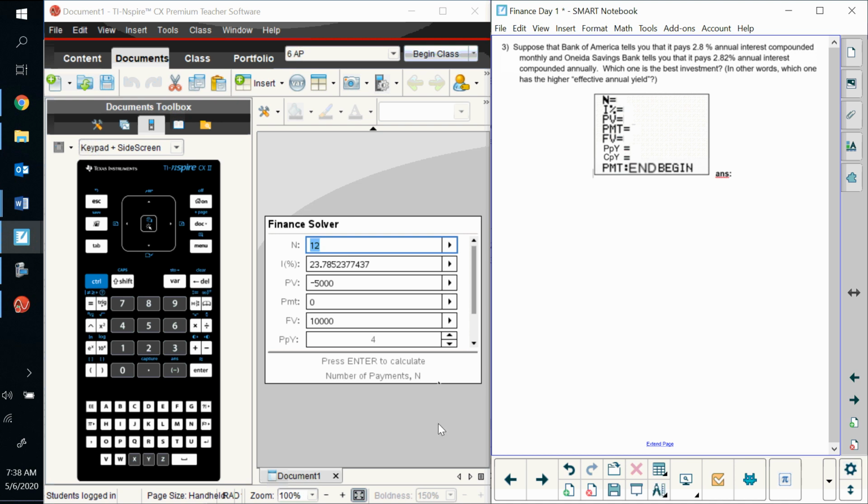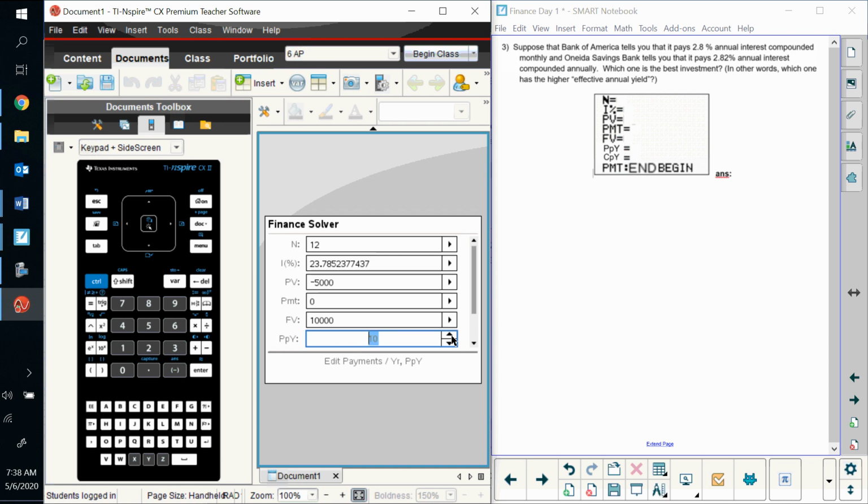So let's look at the Bank of America one first. One thing we want to do is change our PPY to 12 because we're doing it monthly. And to find the effective annual yield, we're just going to invest $1. So we're going to go for 12 months. Our percentage rate, they told us, was 2.8%.